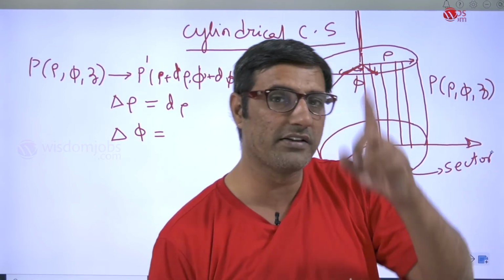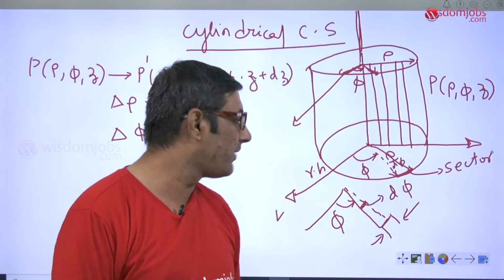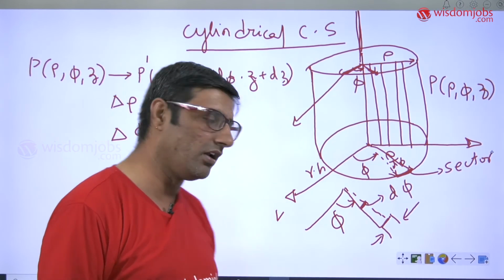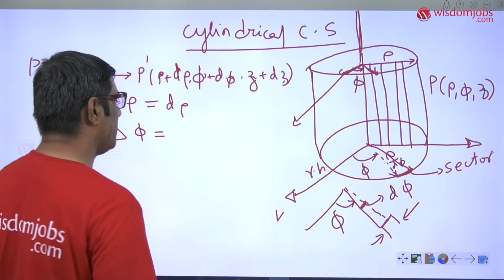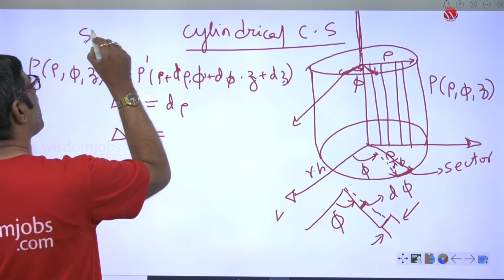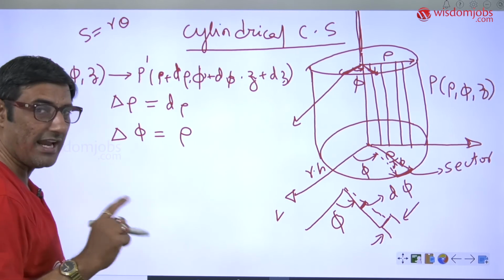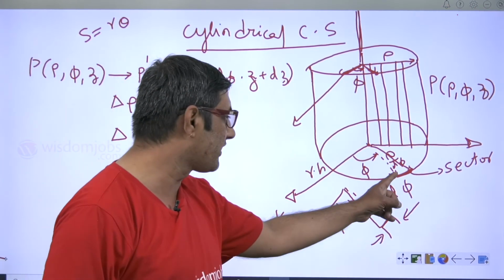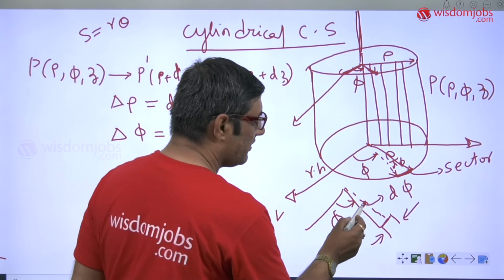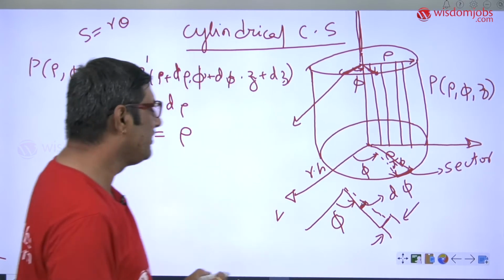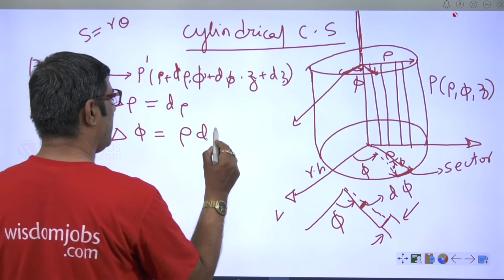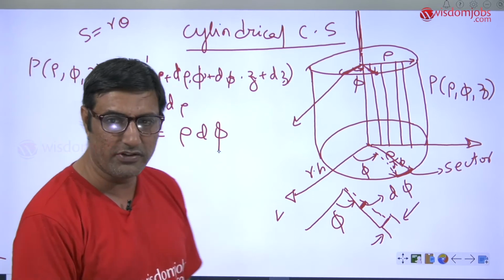S equals r theta, where theta is the angle subtended by the sector at the center of the circle. So using that relation, S equals r theta. Here the radius is rho. And the angle subtended at the center by this arc is d phi. So rho d phi would be the length of the arc.